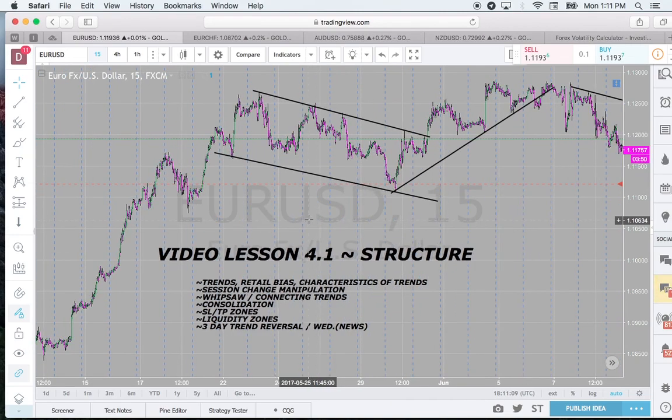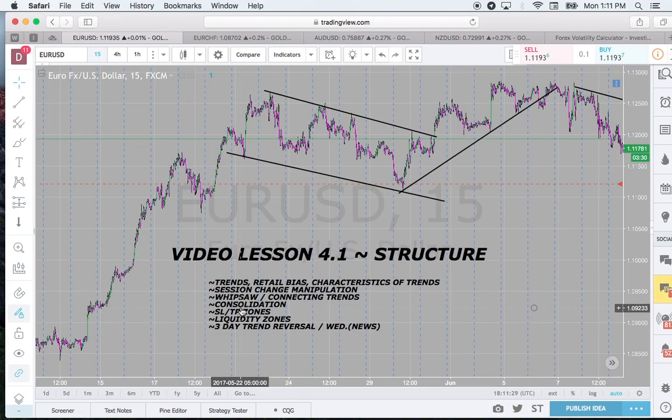We will discuss session change manipulation, the normal daily pattern, which is the whipsaw formation, the connecting of the trends, or the daily connection, the consolidation, which basically is the connecting of one whipsaw to another, or one formation to another, and also an accumulation phase.